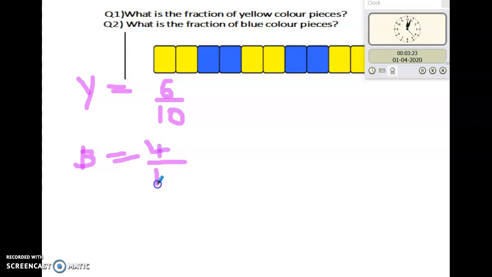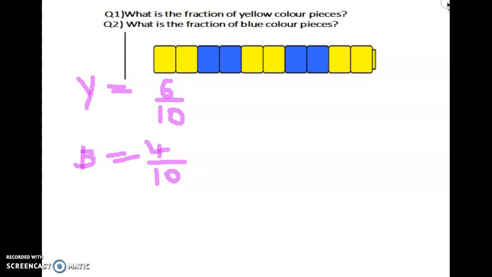To make one whole, we need to put these fractions together. That means adding. One way we can say we are adding. So 6 yellow color pieces and 4 blue color pieces will make one whole.